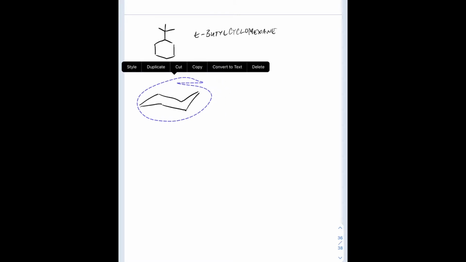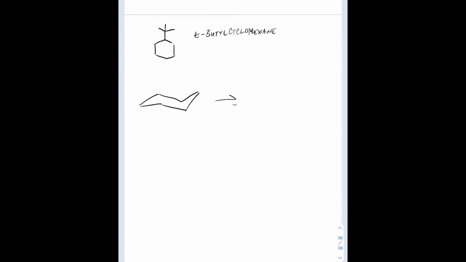Let's take a look. We've got one chair structure here. Let's do a little equilibrium arrow, which gives us the opportunity to draw the other chair structure. Now, where do you want to put your tert-butyl? I like to put it here. Do we want to put it axial or equatorial?